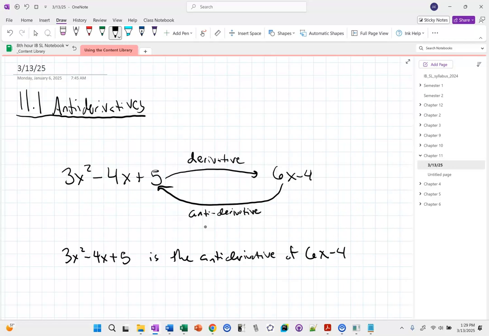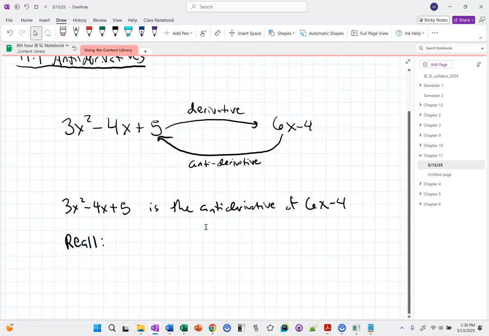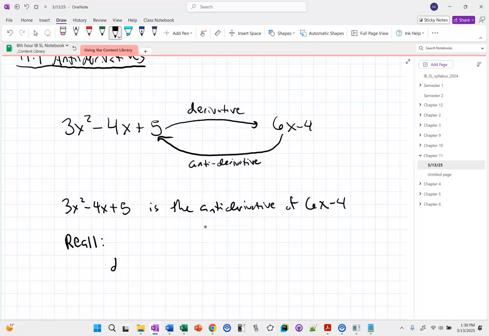Okay. So let's figure out how we go backwards in general. Recall, to take a derivative, we had this rule.